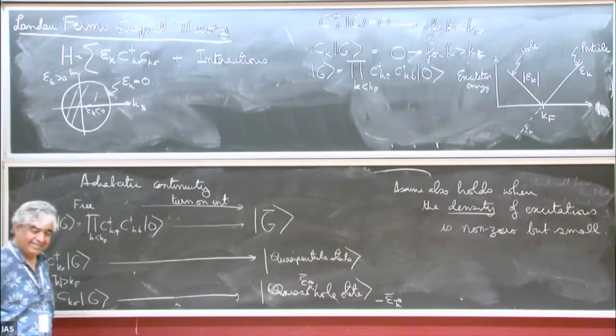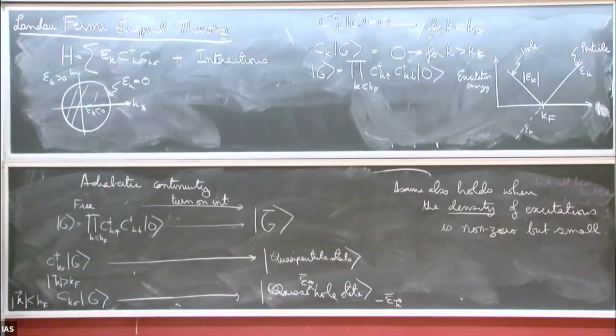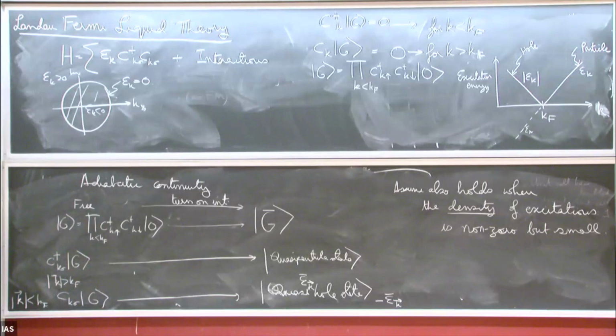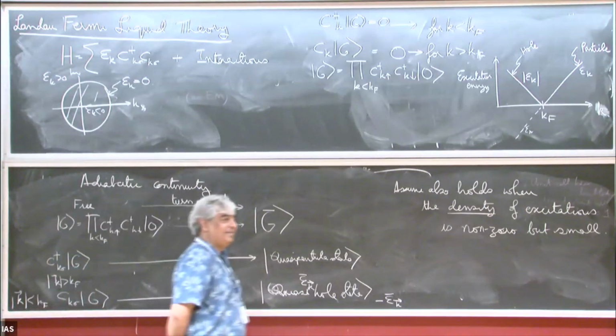Maybe you'll discuss it later, but isn't there also a story that the interactions are irrelevant as you approach the Fermi surface? Well, sure, that's in the RG language that came much later. I'm just giving you my understanding of Landau's arguments. But that's also quite a subtle argument.